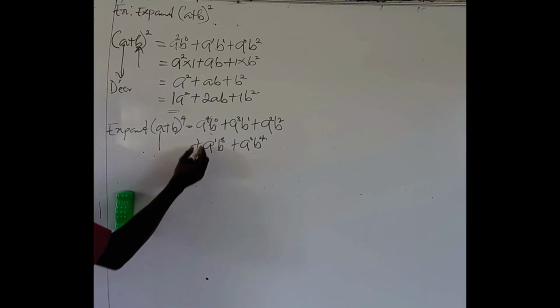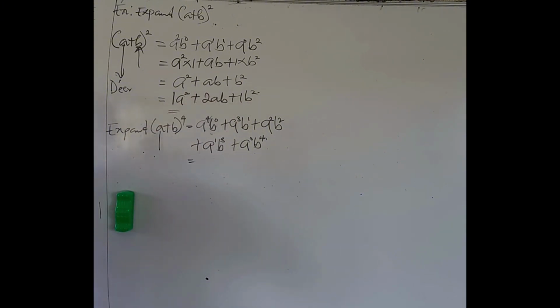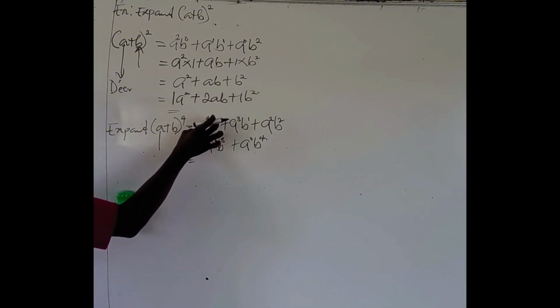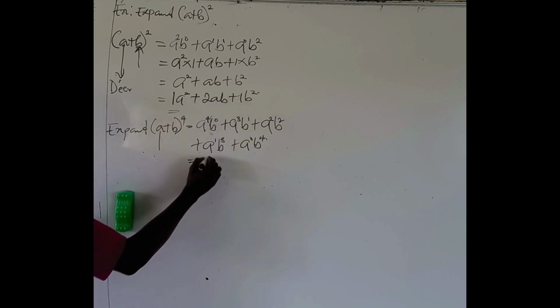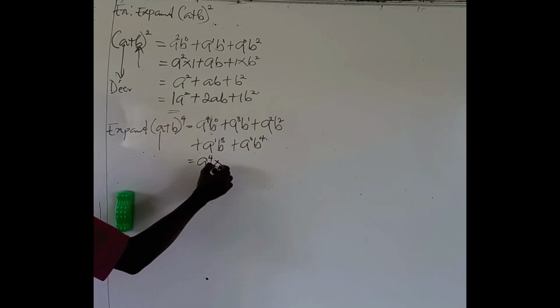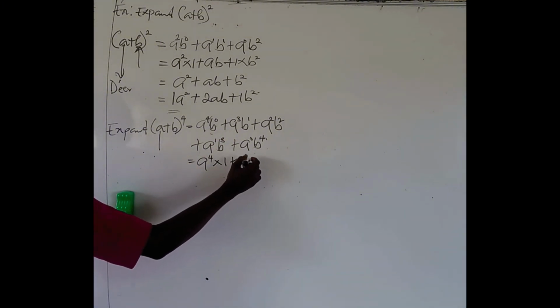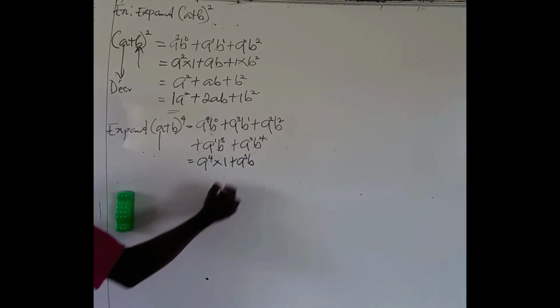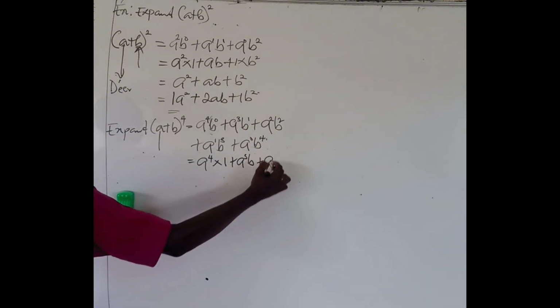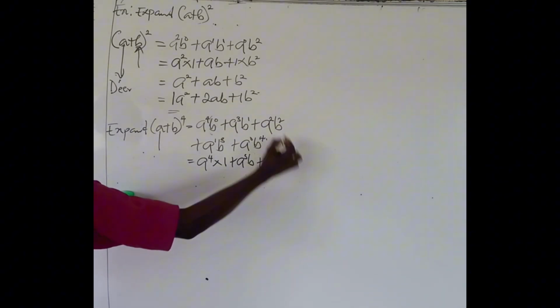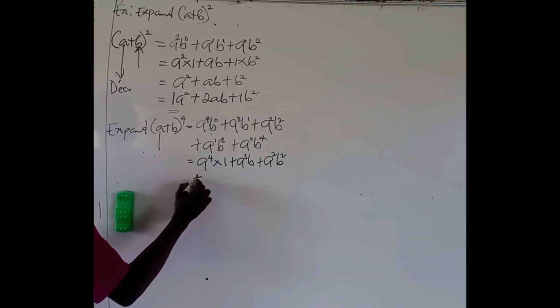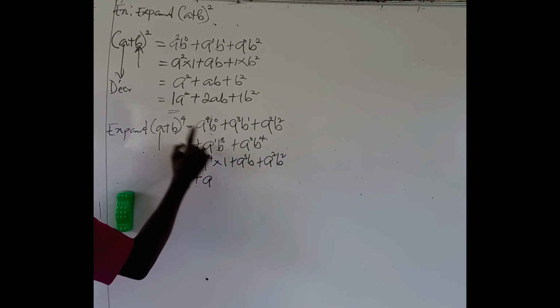So anything with power 0 is what? 1. So I'm going to say A raised to power 4 multiplied by B raised to power 0, 1, plus A raised to power 3 multiplied by B raised to power 1, B, plus A raised to power 2 multiplied by B raised to power 2, plus A raised to power 1 will give you what?